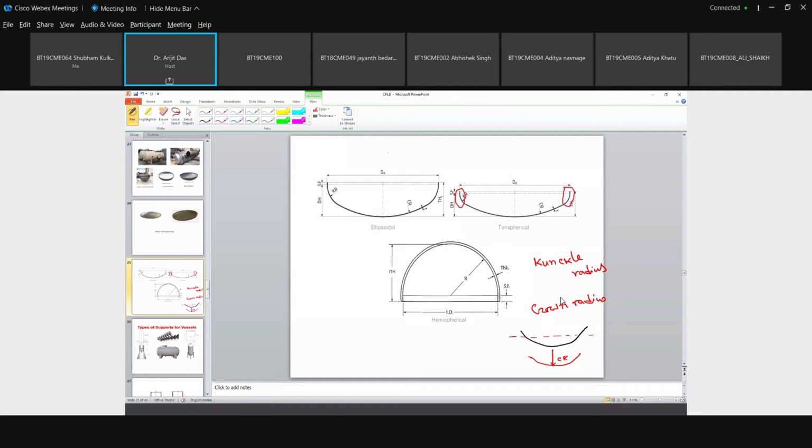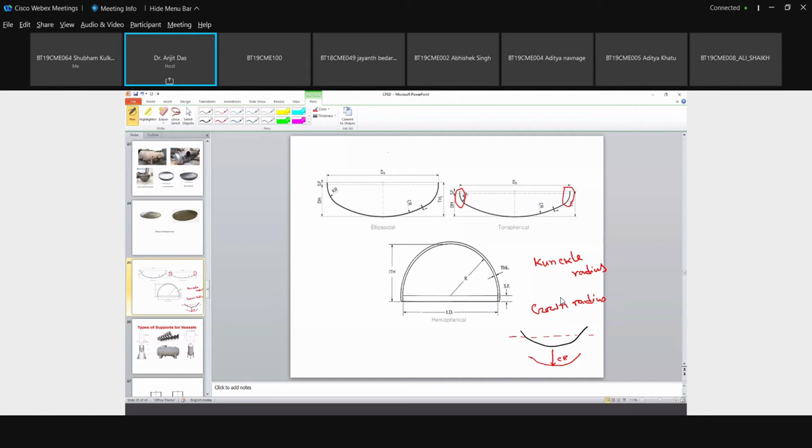At the transition point between the cylinder and the disc the curvature is different, and this portion is known as the knuckle, and the corresponding radius of this curvature is known as the knuckle radius.